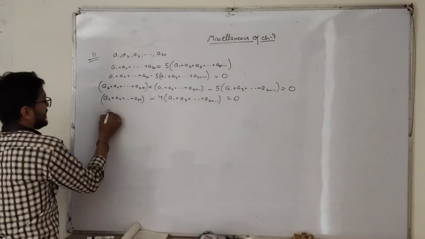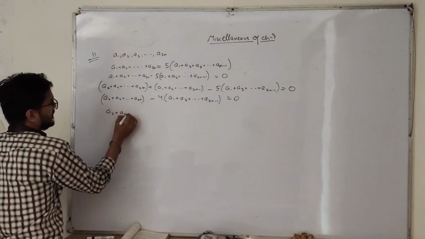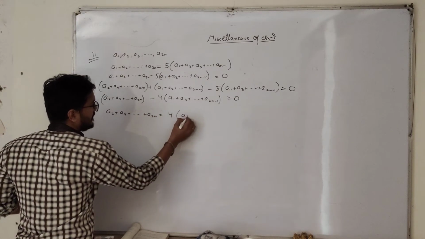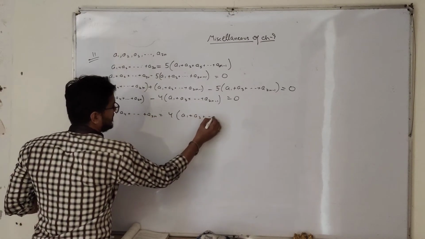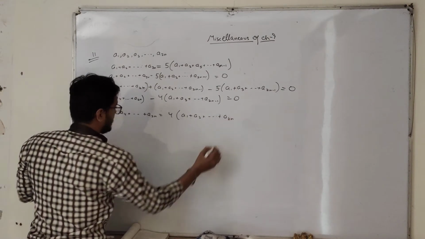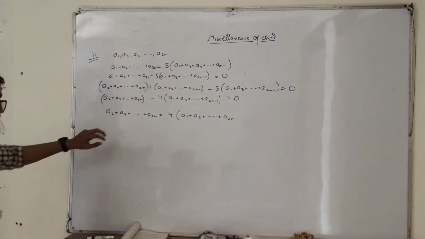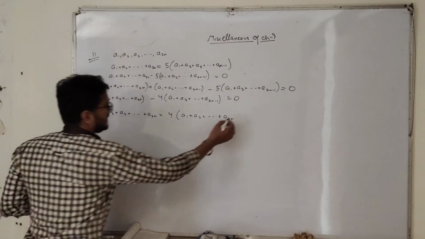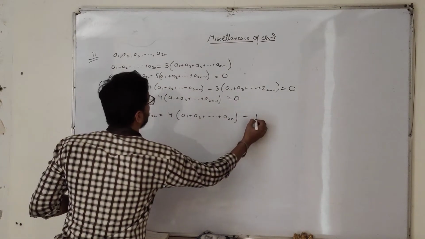So A2 plus A4 plus A2n is equal to 4 times (A1 plus A3 plus A2n minus 1). Let it be equation first, right?